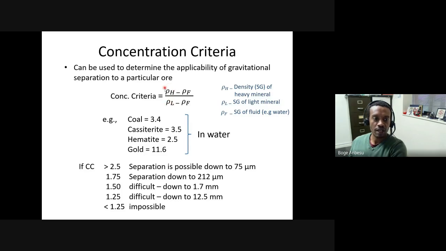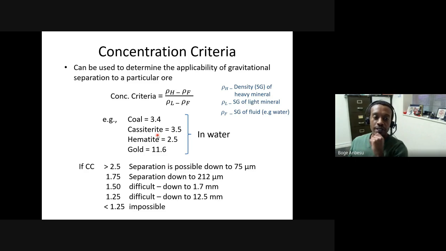Maybe the density of the heavy is well over 10. Okay, maybe you could have 15 or whatever, somewhere there. And we know the density of the fluid, which in this case may be water. So if you know those, you can work out a concentration criteria. And we can do the same for other ore types, for example, coal, cassiterite, which is a tin ore, or hematite, or gold. You can work out the concentration criteria.